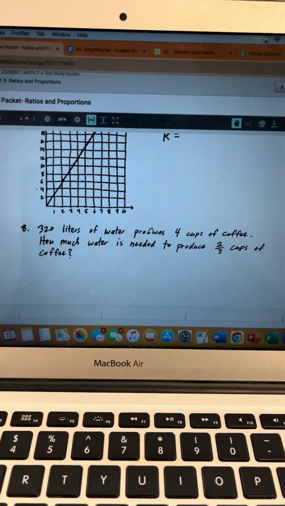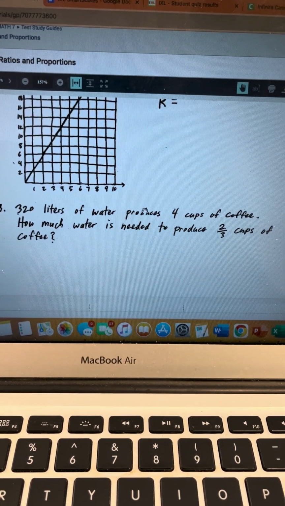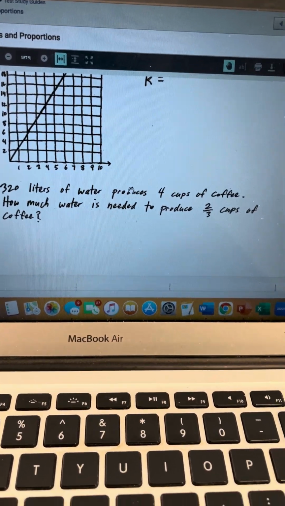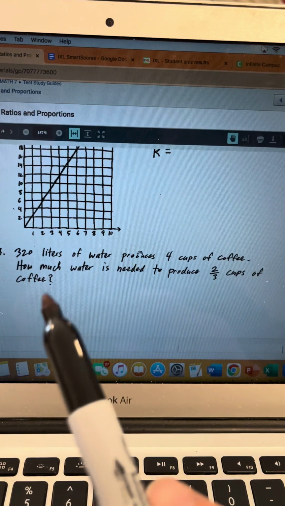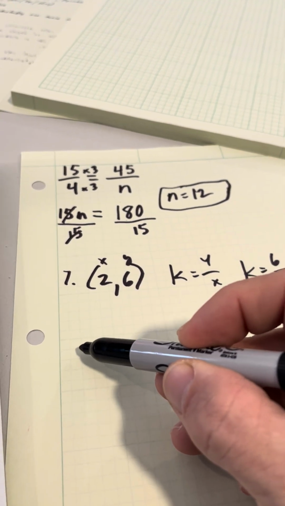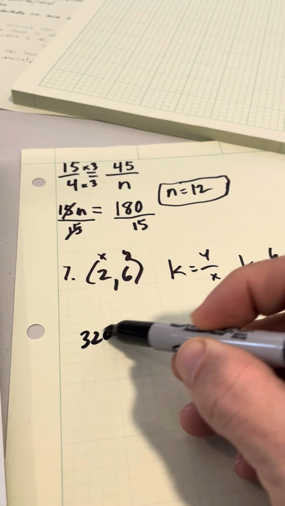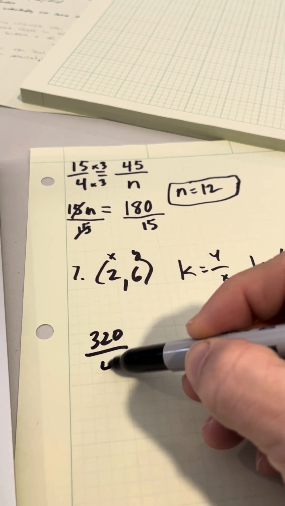Okay, so we have 320 liters of water produces 4 cups of coffee. How much water is needed to produce 2/3 cups of coffee? All right, let's check it out. Let's set up our ratio. Sorry to be going back and forth. So we're going to take 320 over 4, and let's make sure we label our units, okay? 320 over 4, okay?